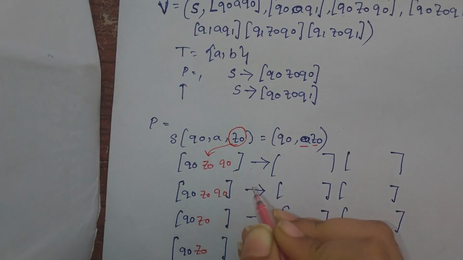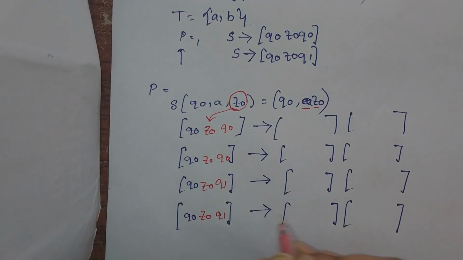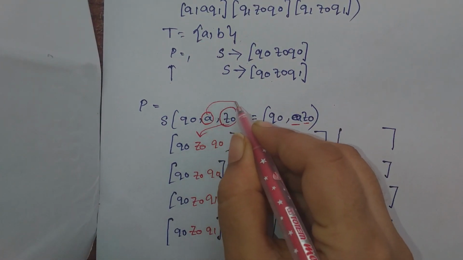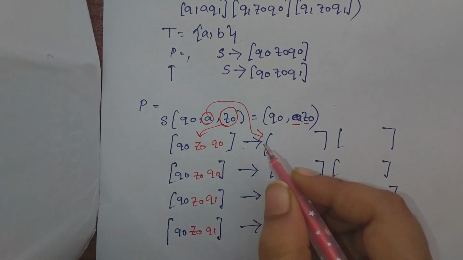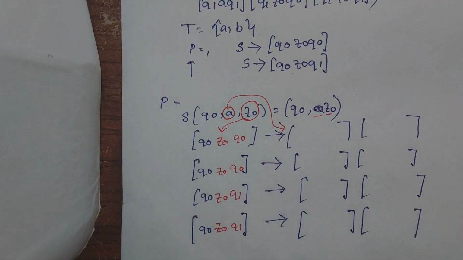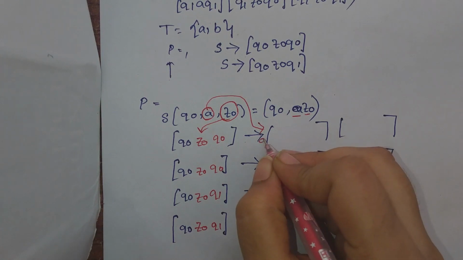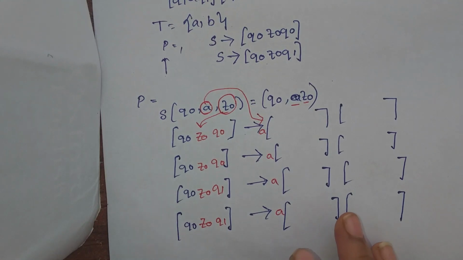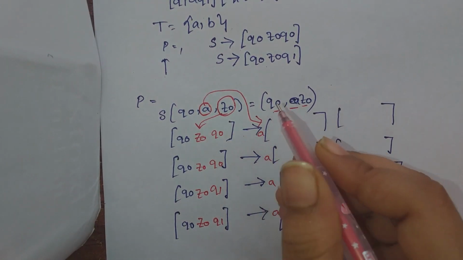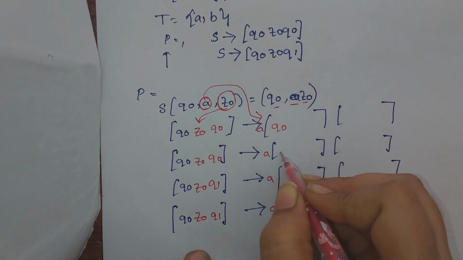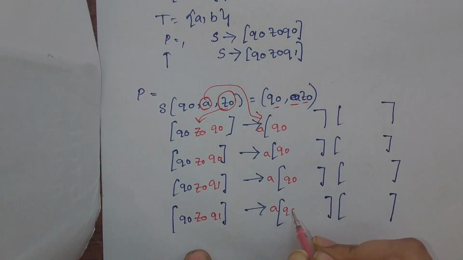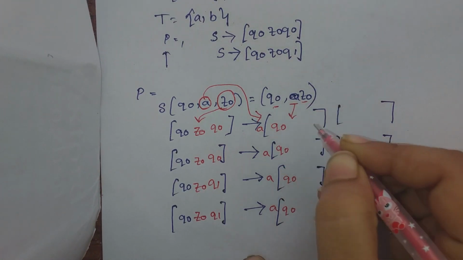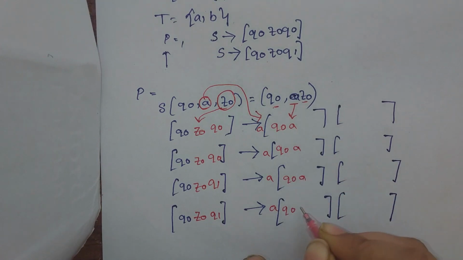So for the first two instances we take Q naught, and for the next two instances Q1. And then the middle symbol of the left hand side, A, comes here. And on the right hand side we have the initial state Q naught, so all these 4 will get Q naught. And after Q naught, the first symbol we have is A.